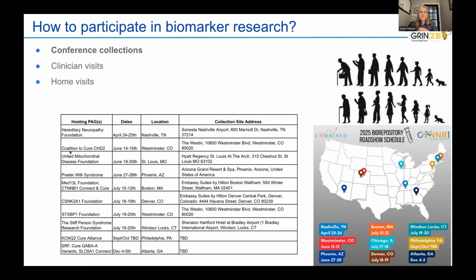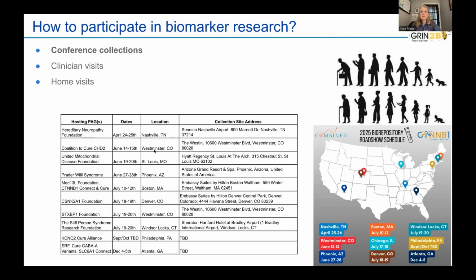There are a couple really important things to reiterate here. One, the most important thing is that you'll see the GRIN2B Foundation is not on this list right here. But what this means is that any GRIN2B patients, if they live in any of these physical locations, you are welcome to walk into this conference, even though it isn't hosted by the GRIN2B Foundation, and donate a sample.